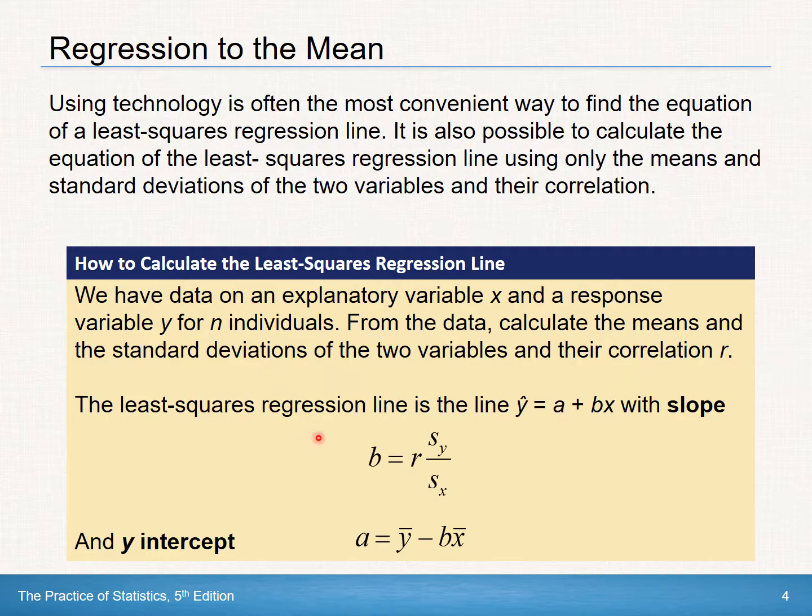The least squares regression line is y hat = a + bx, with the slope b equal to r times the standard deviation of y over the standard deviation of x, and the y-intercept a is the mean of y minus b times the mean of x.